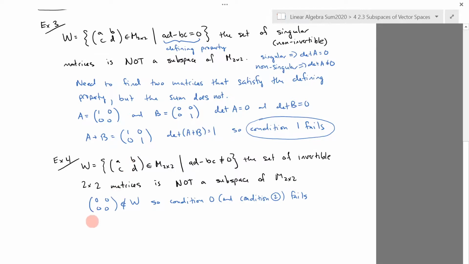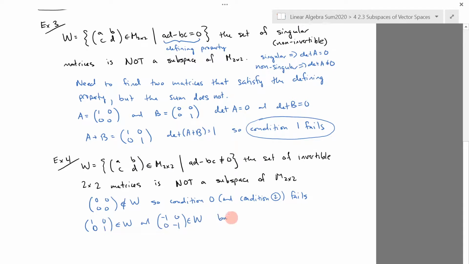because say I take the identity matrix. This is invertible, and minus the identity matrix. This is also invertible, because these determinants are 1.